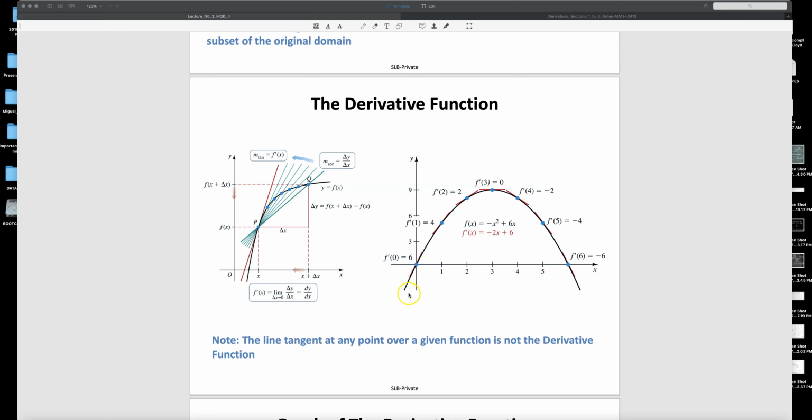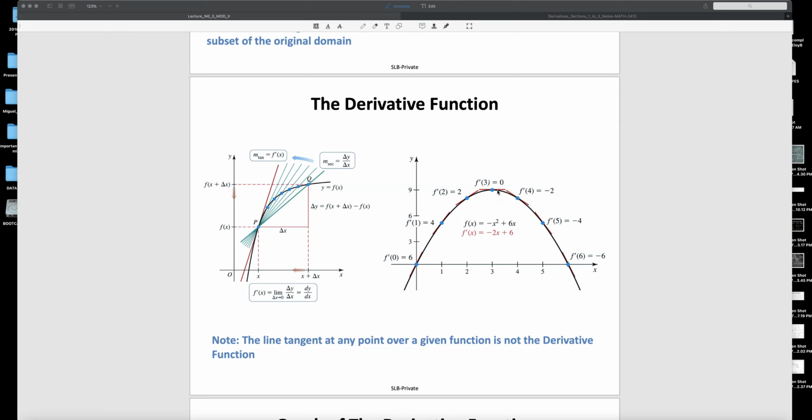So look here. For instance, here we have a quadratic function in which the curve is represented with this continuous black line. Okay? And we show the derivative at some particular points, which are the blue dots that you see over here. You can see, for instance, that in this interval, let's say from 0 up to 3, which is the vertex of this parabola, of this quadratic equation, the original function increases.